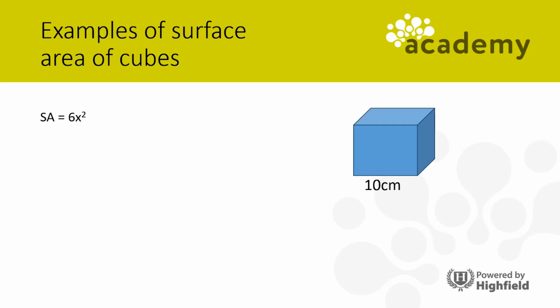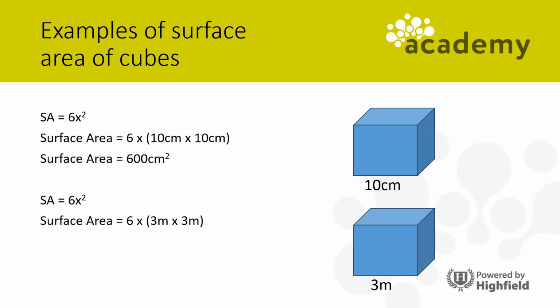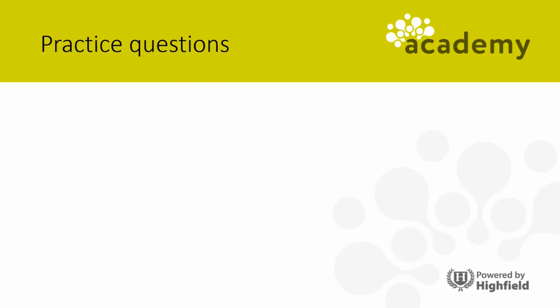In this next example, the surface area is 6 times 10 times 10, or 600 centimeters squared. In this example, it's 6 times 3 times 3, or 54 meters squared.